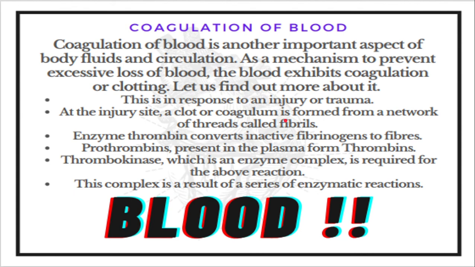They form networks or threads. That is what we call the clot or coagulum, and after that the blood stops flowing, so there is no excessive flow of blood. This is how the coagulation of blood takes place.